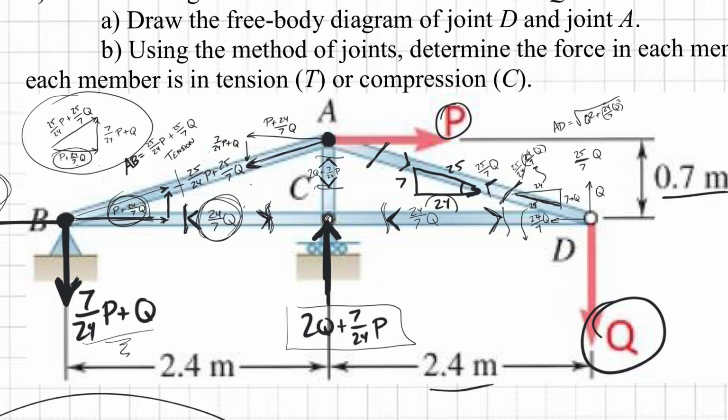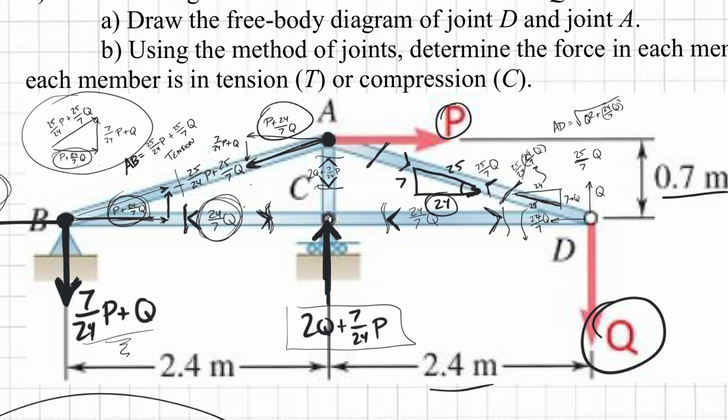I've got the 24 side of that thing, which was 24Q, going negative, minus 24 over 7Q. And then I've got this one in the X direction, which looks like it was minus P plus 24 over 7Q. Does that equal 0? It looks like that pretty much checks out. Okay, so we're good.